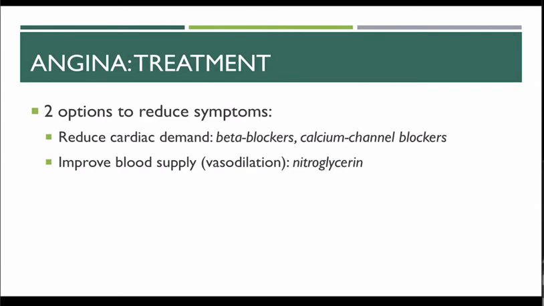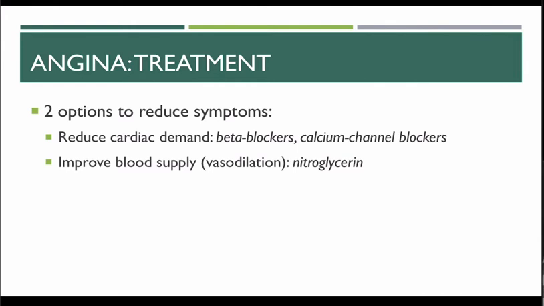All right, so for stable angina, which is associated with coronary artery disease, patients are treated either to reduce cardiac demand, right? Because the symptoms are caused from a mismatch of supply and demand. So if you can quiet the heart down, beta blockers block beta adrenergic receptors. So if you block beta adrenergic receptors, you basically block the effects of the sympathetic nervous system on the heart.